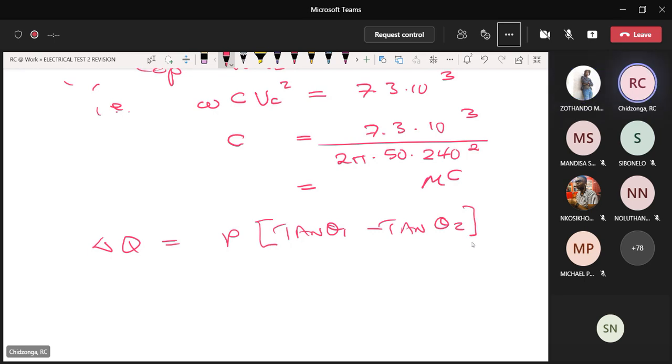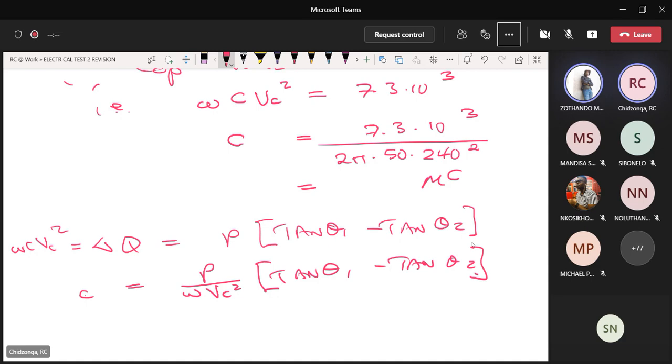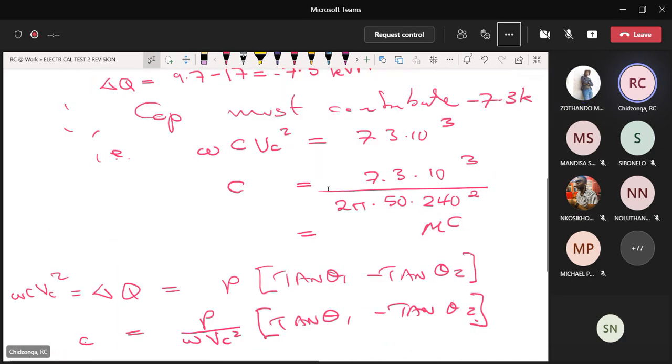And then here they will say this is equal to omega C VC squared. And then they will move and write C is equal to P over omega VC squared, tan theta 1 minus tan theta 2. This is what we have done exactly, only that we have done it in steps, right?